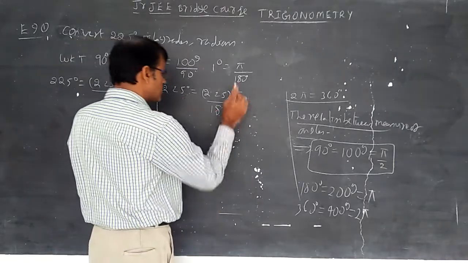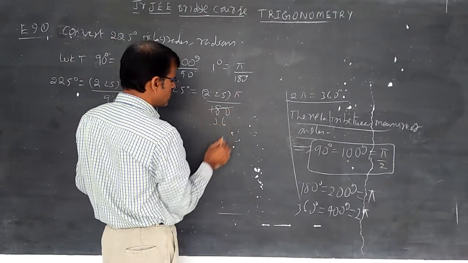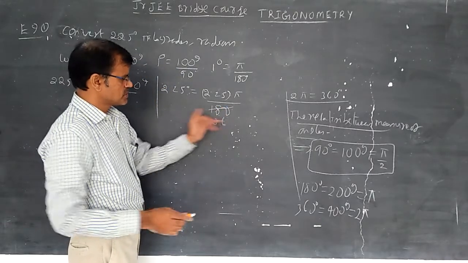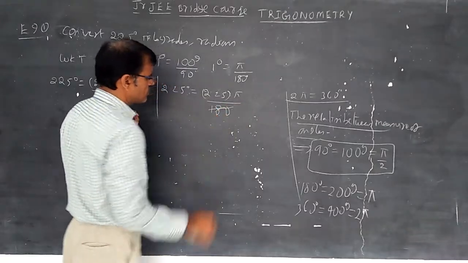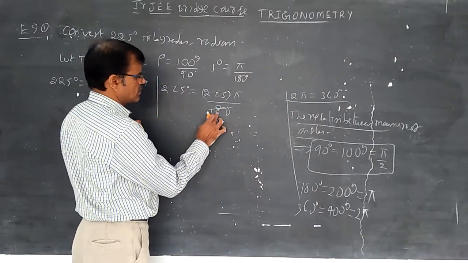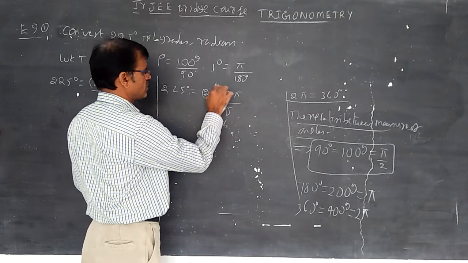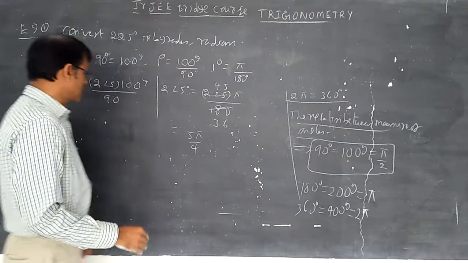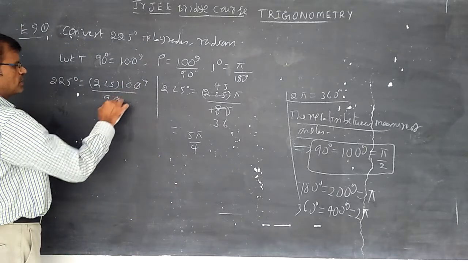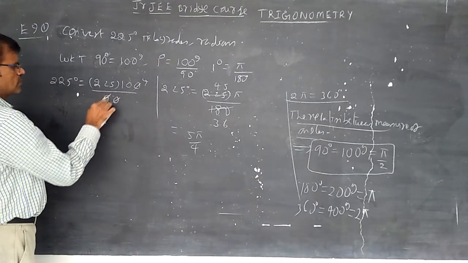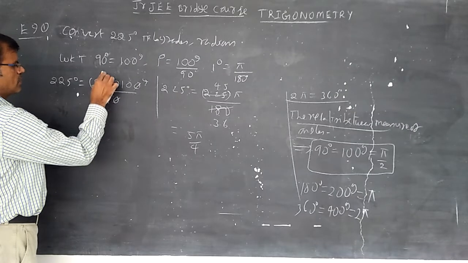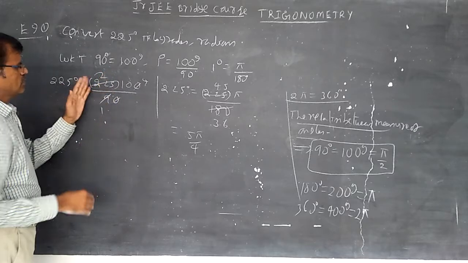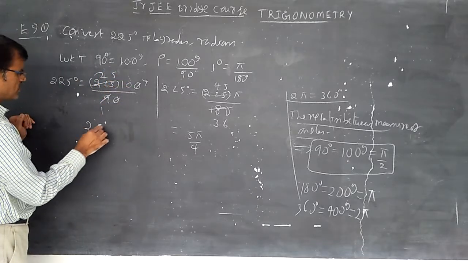Dividing by the fifth table and then the ninth table, it becomes 5 pi by 4 radians.